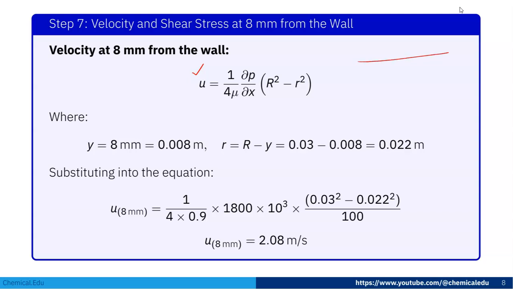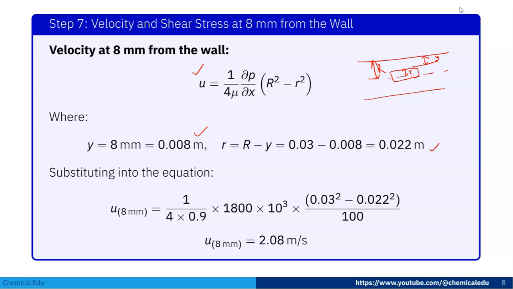Now here, this is the center line, and if I take that small cylindrical element, that distance is nothing but y, this is capital R and this is smaller r. So r is nothing but capital R minus y. Y is given because from the wall to some distance, that is 8 mm. So 8 mm means 0.008 meter. r is R minus y, so that is 0.022 meter.